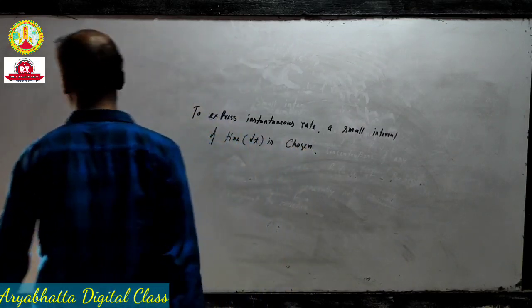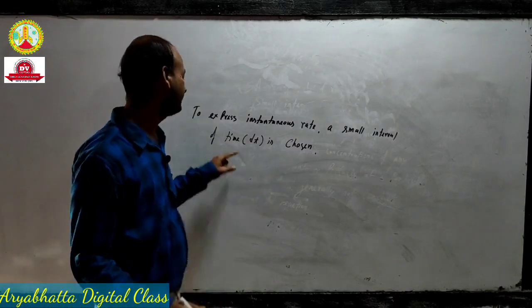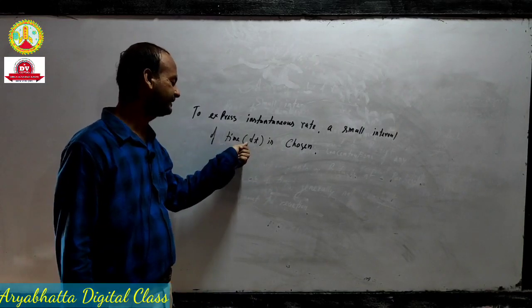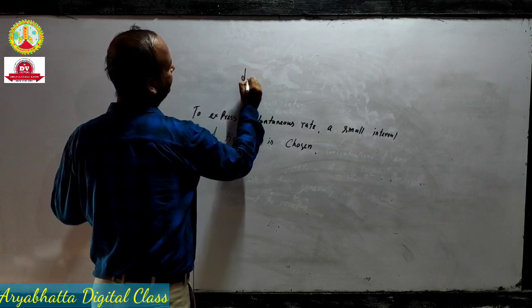Now let's see, in this case the interval of time should be very small. It is represented by dt.